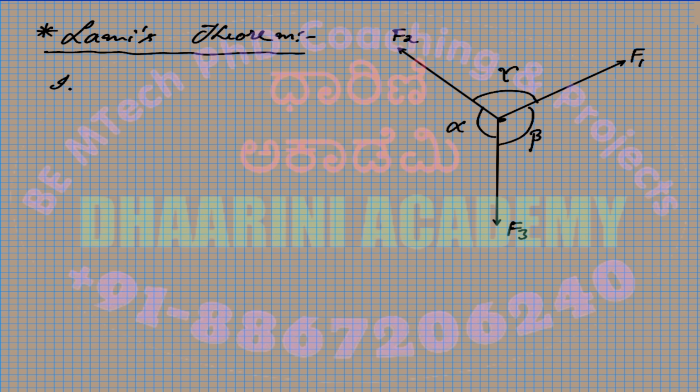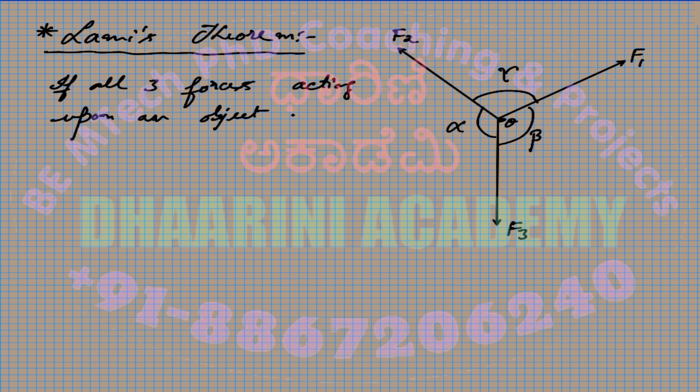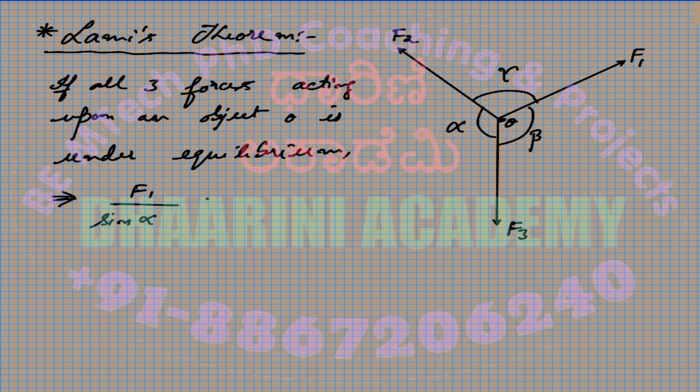If all the three forces acting upon an object, at the center I'll call it O, object O is under equilibrium, this is the condition: F1 divided by the sine of the angle on the other side, that is sine alpha, should be equal to F2 divided by sine of the angle between the other two forces, that is beta, is equal to F3 divided by sine of the angle between the other two, that is F1 and F2, which is gamma.